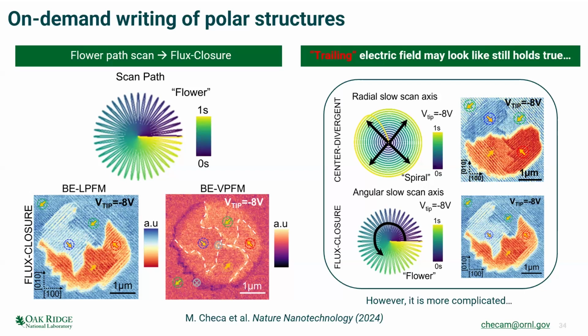So I define the slow scan axis in the spiral as radial, because the fast one in a spiral would be tangential, but the slow one at the end of the scan is radial. And in the flower, where you're going kind of like this, the fast one would be radial, and the slow one would be angular.